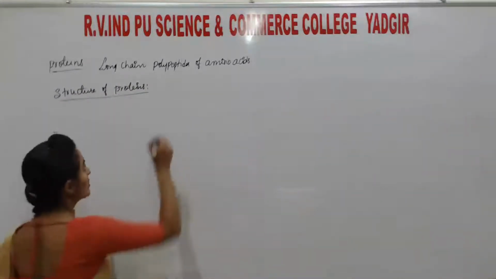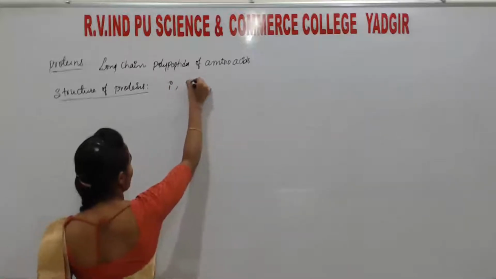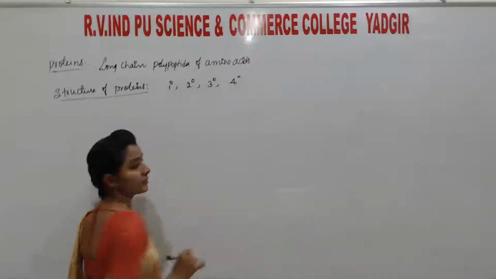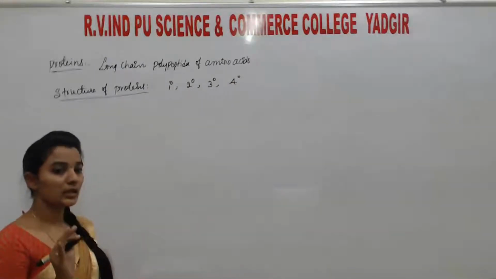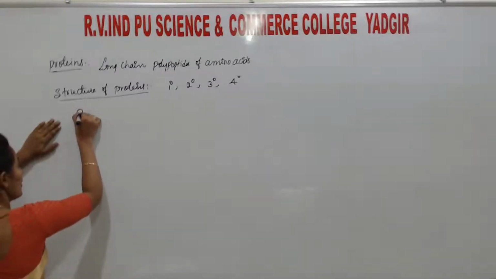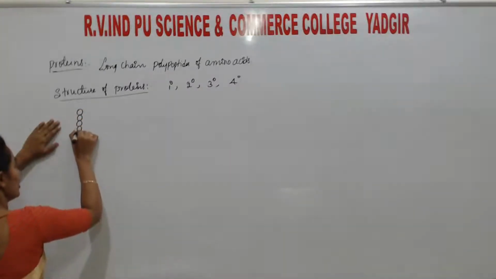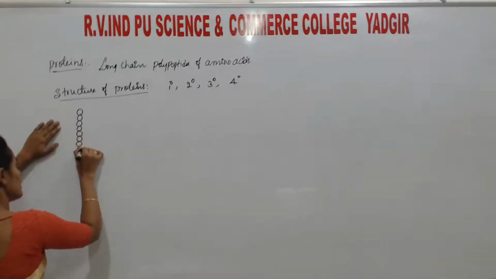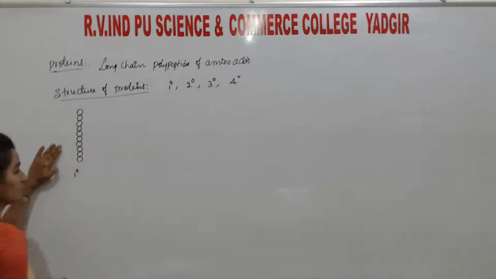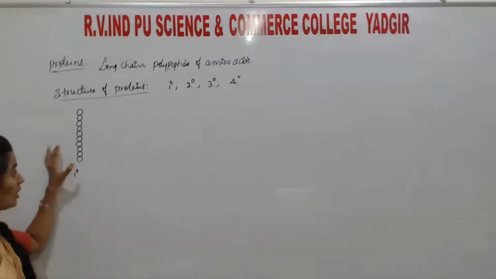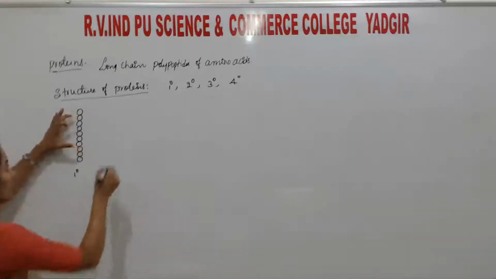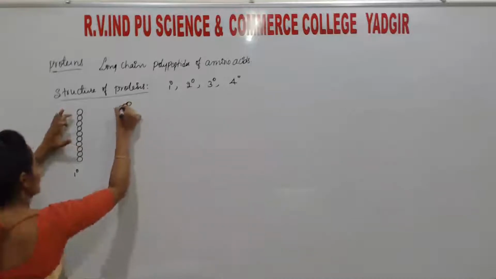Listen, there are four structures: primary structure, secondary structure, tertiary structure, and quaternary structure. Primary structure means the amino acids are arranged in this manner, in a series. This is the primary structure. When these structures coil, they form a structure like this.